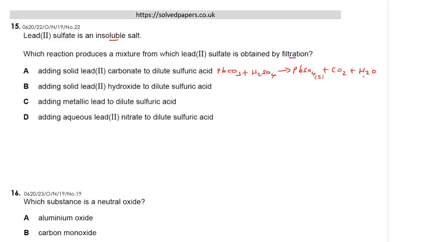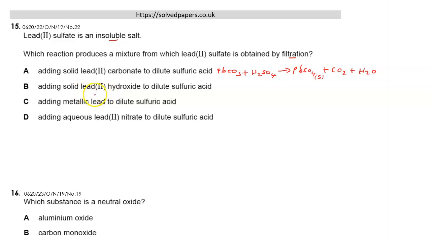All right. But remember, this salt is insoluble. So there are chances that when this salt forms, it will coat the lead carbonate from reacting with sulfuric acid further. So you should have that in mind. So let's look at the other choices.